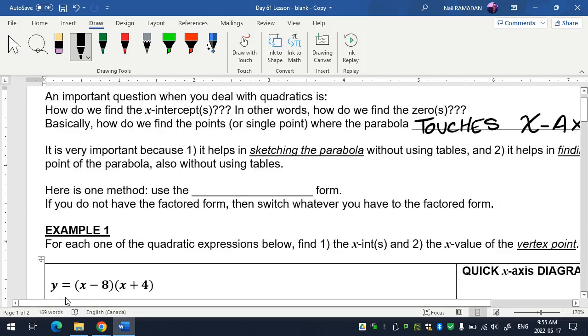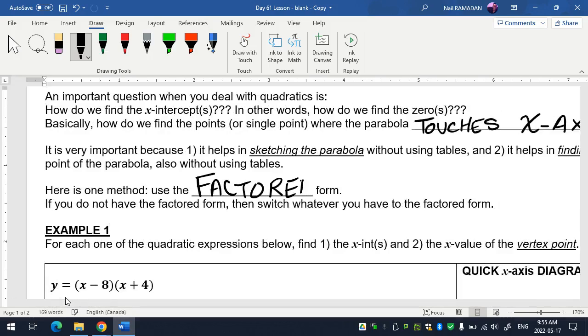Here is one method: use the factored form. Can someone tell me what's so special about the factored form? How do you know that you're looking at a form that is factored? Remember, there are 3 forms: standard, factored, and vertex. What's so special about the factored form? How do you know just by looking at it?